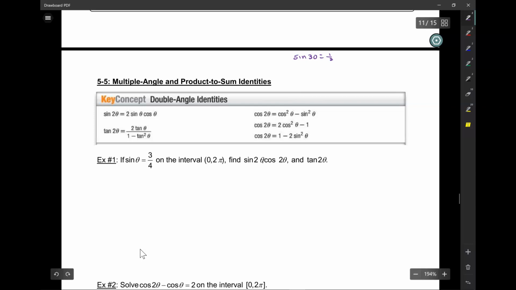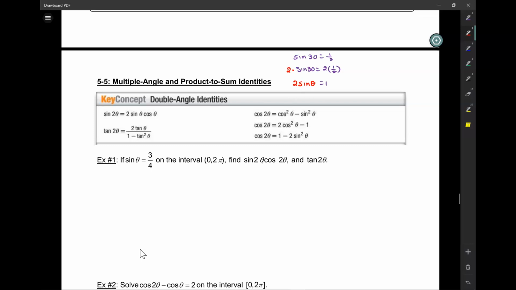So that's sine of theta, right? Now, if I were to ask you, what's 2 times sine of 30? How much is that? 1. Right, 2 times 1/2, that's 1. So that is 2 sine theta, just 2 times sine of theta.